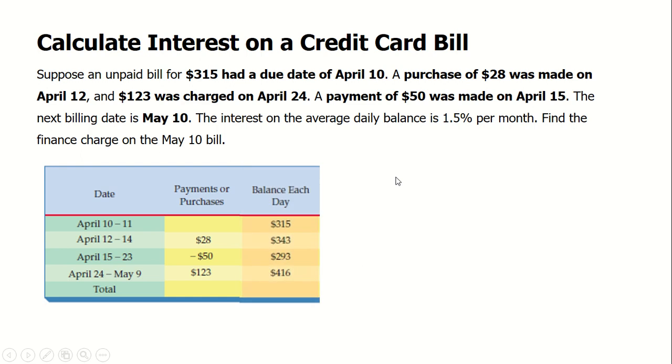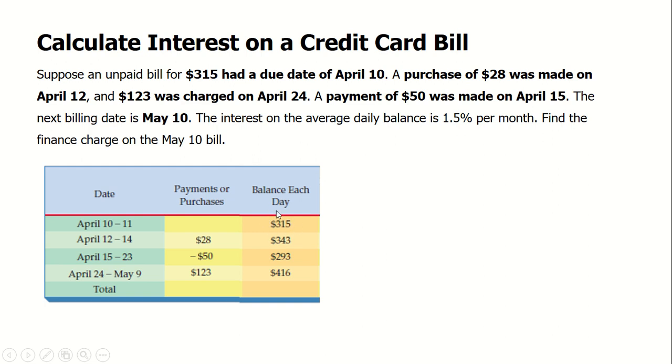You have another column. This is why you need to keep track of your payments and purchases, so you can know the balance that you have, your outstanding balance. On April 10, since you weren't able to pay your bill, it was 315.